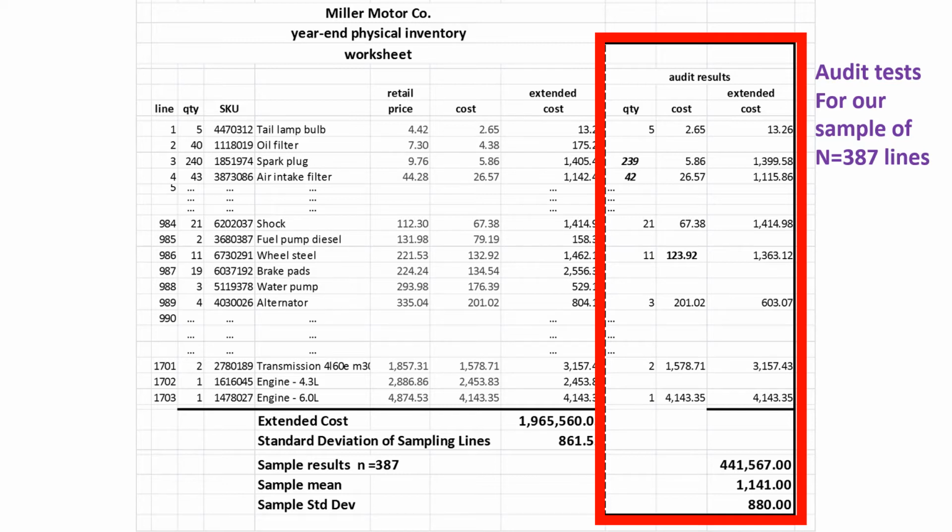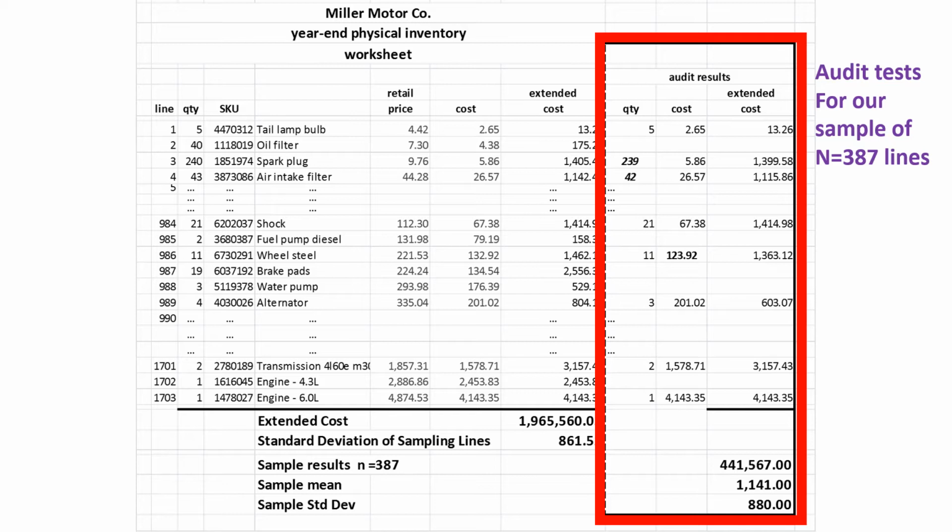We can divide that by 387 to get the average, 1141. So our sample average is 1141. And the standard deviation of the items in our sample is 880, a little different and more than the standard deviation for all the items, the book values.